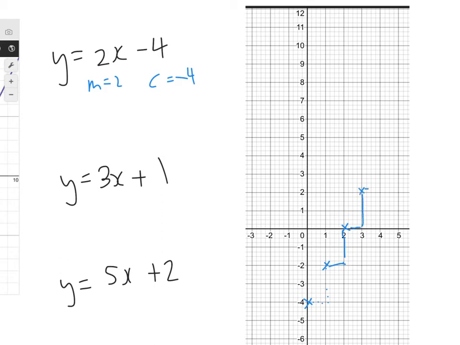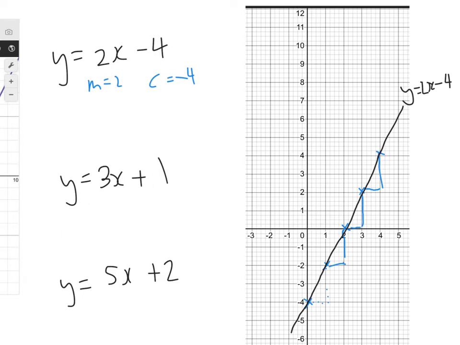It should follow that pattern because the gradient is 2, which means it goes up 2 every time it goes 1 across, and those points create the line y equals 2x minus 4. So that's a way of doing it without using a table of values.